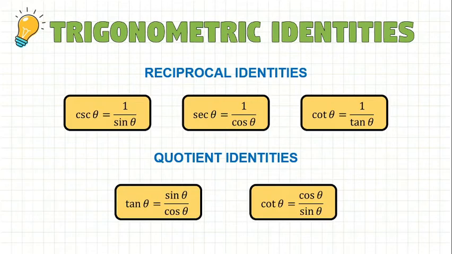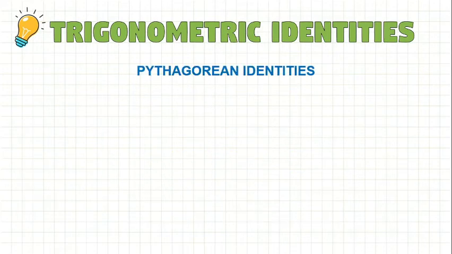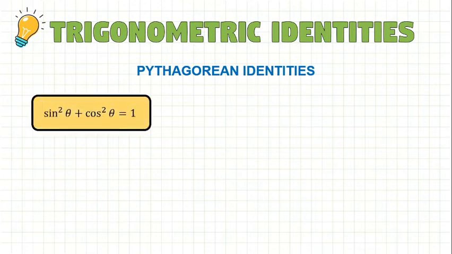Okay? Next one is the Pythagorean identities. We have three. The first one is this one. Sine squared theta plus cosine squared theta is equal to 1. So where did this come from? This one came from our unit circle. Take note, in our unit circle, we have the formula x squared plus y squared equal to 1.